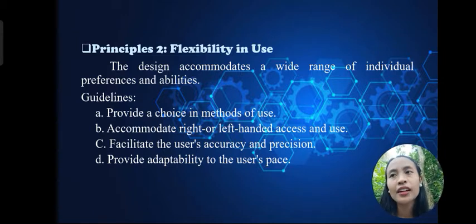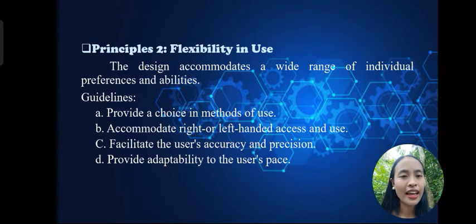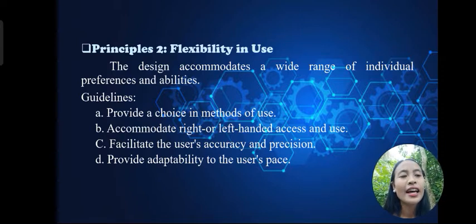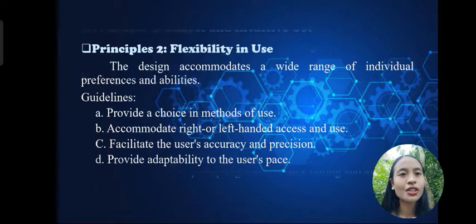So in that way, ma-achieve pa din natin yung sabay-sabay na pagkatuto ng ating mga estudyante kasi nga adaptable yung ating design doon sa iba't ibang pace ng pagkatuto ng ating mga estudyante. So that will be the second principle, flexibility in use.